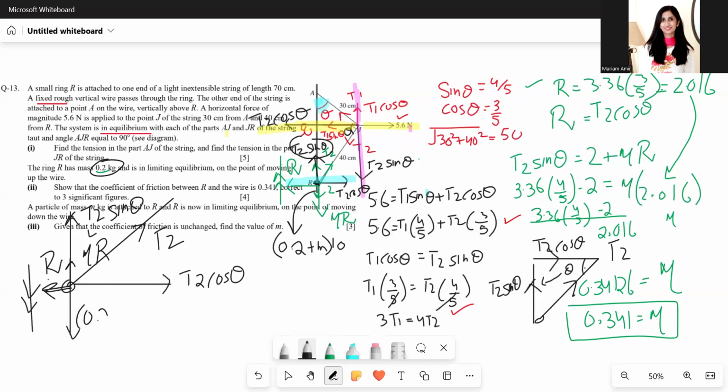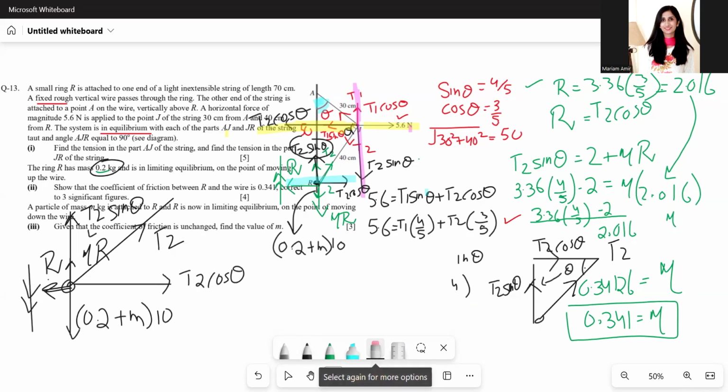So mg is now going to be this. The ring is in limiting equilibrium on the point of sliding down the wire. So that means friction is backwards, or upwards.